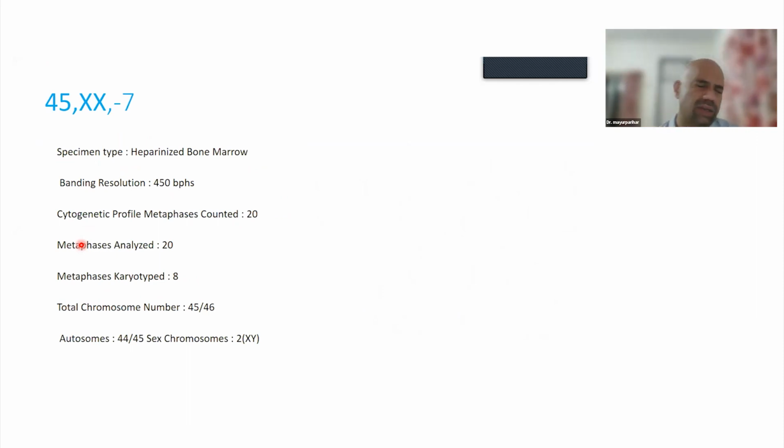Many a time I get reports for review across the country, and you see reports like that. Whenever you see such a report, you need to call that lab and ask them, in how many cells is the monosomy 7 present? Because of a technical artifact, it is possible that there is one cell where chromosome 7 has got scratched off while cleaning the slide.